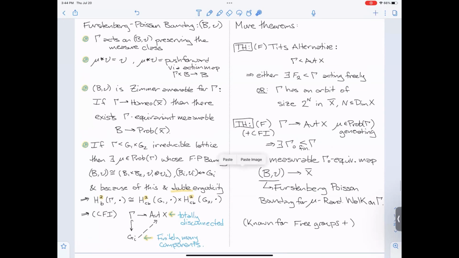Another interesting but also important property of this boundary is that it's amenable, which means that if I have an action by homeomorphism on a compact measurable space, as I do now, then there's a gamma-equivariant measurable map from this Furstenberg-Poisson boundary to the probability measures.